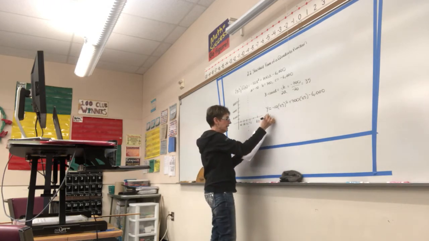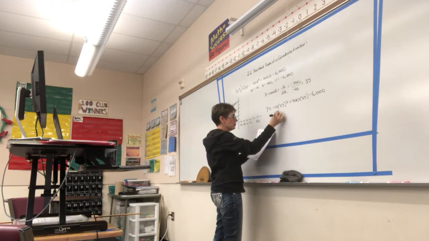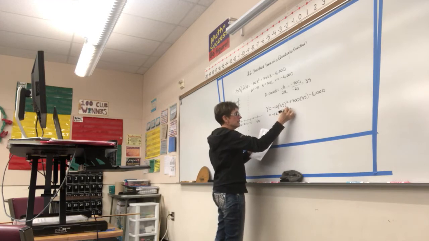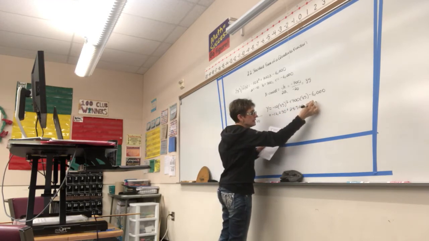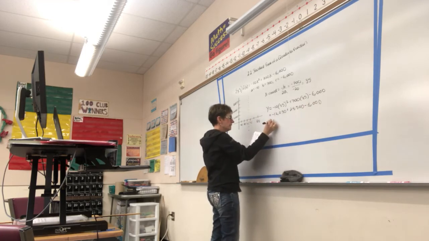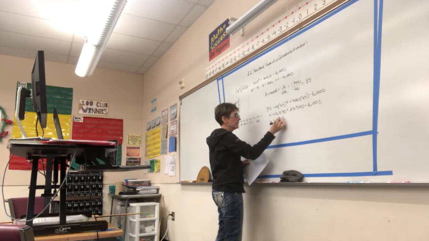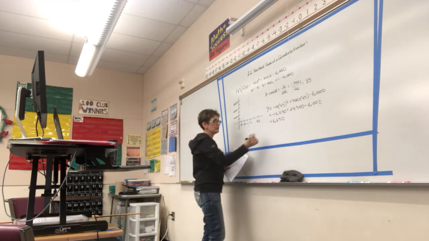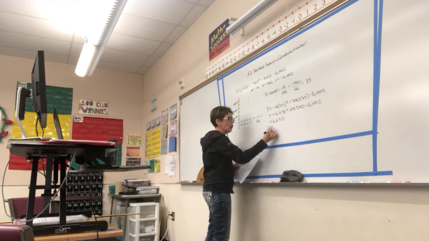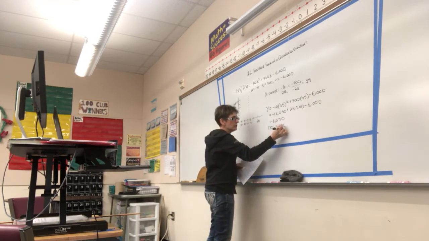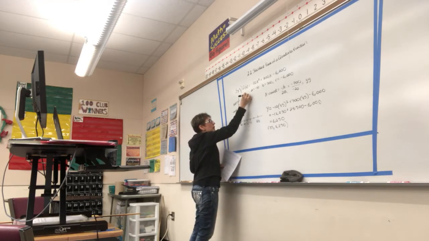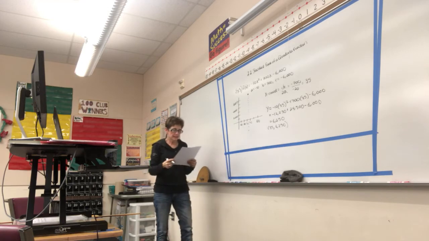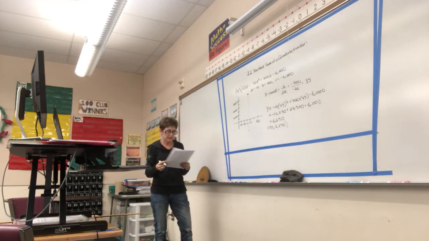When I do that, I get -12,250 plus 24,500 minus 6,000, or 6,250. So my vertex is (35, 6,250). I need to go just a little bit above my 6,000 mark on the y-axis.